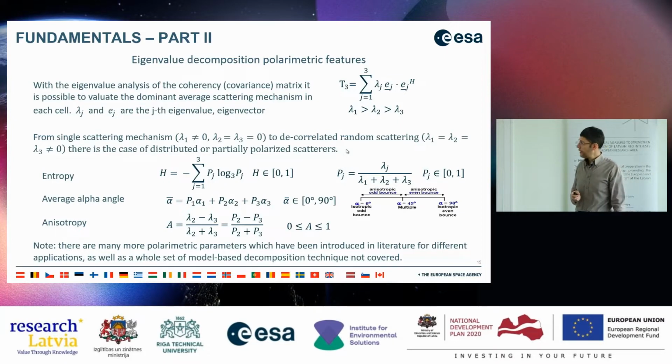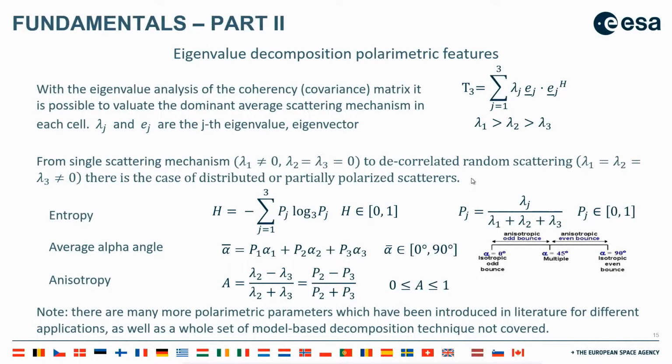Then we have also the so-called eigenvalue decomposition of, for example, the coherence matrix. You can do the same with the covariance matrix. So this is quite an important analysis if you want to discriminate which scattering mechanism is happening on the observed scene.